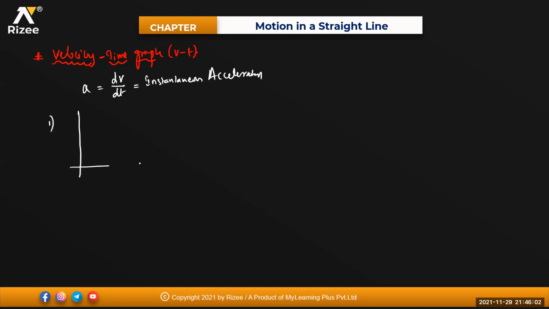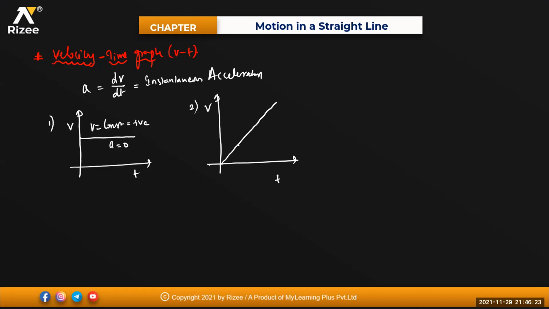Again, same condition. If I'm drawing the graph like this, velocity versus time, a straight line, so velocity will be constant and acceleration will be 0, constant, and positive. Clear? If I'm drawing the graph like this, velocity versus time, a straight line passing from origin, I'm having 2 points here. So here it is, say, theta 1, and here it is theta 2.